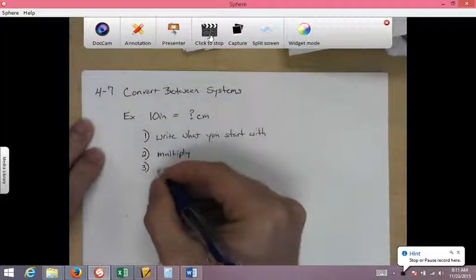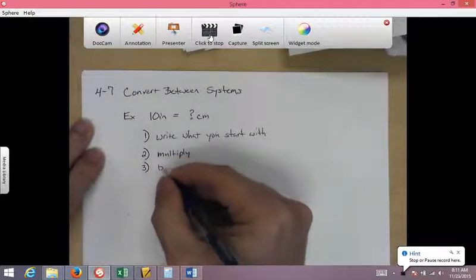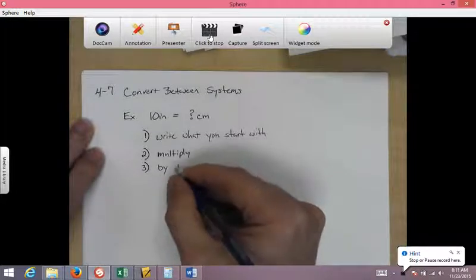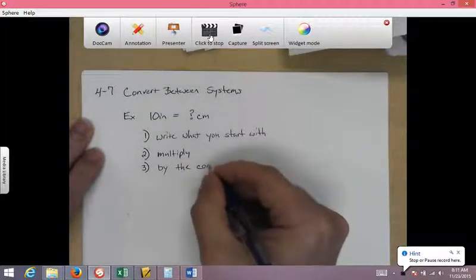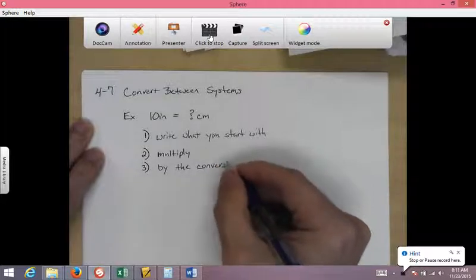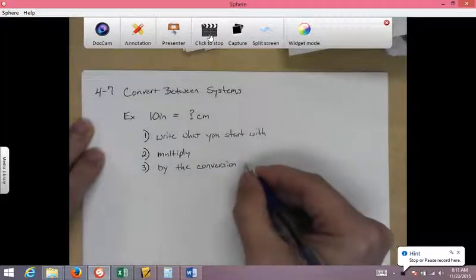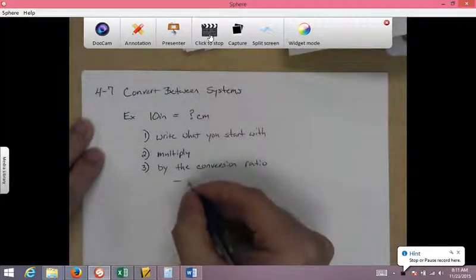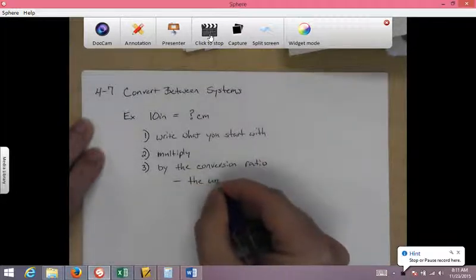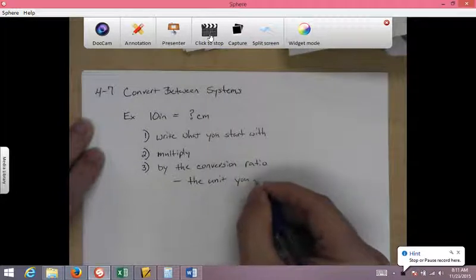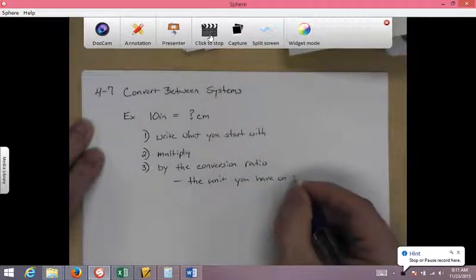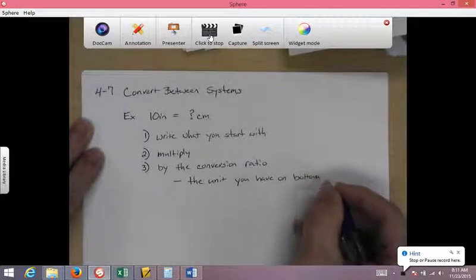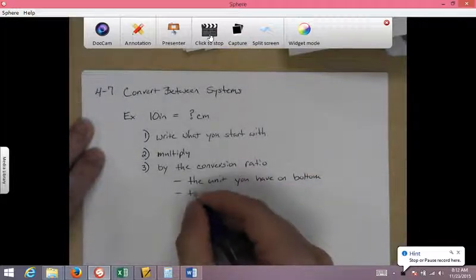And step 3, you're going to multiply by the conversion ratio, and for the conversion ratio, you're going to write the unit you have on bottom, the new unit on top.